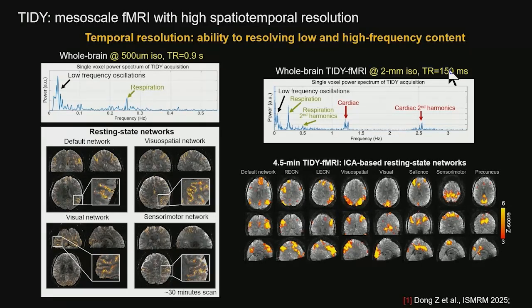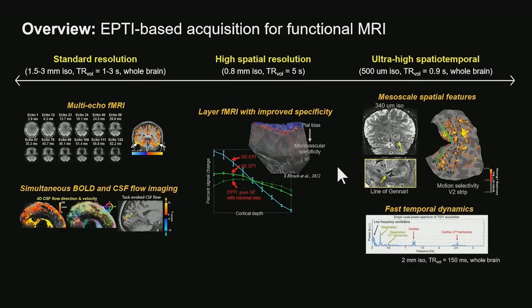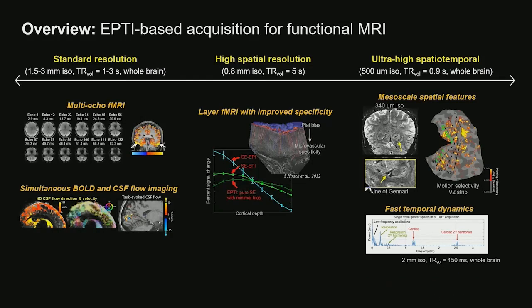We can achieve a really fast TR and begin to resolve cardiac pulsation and its higher-frequency harmonics, as well as good resting-state networks. There's an oral session an hour later on this.